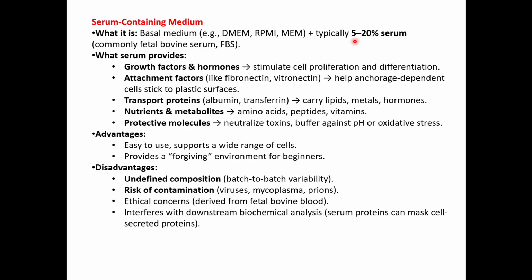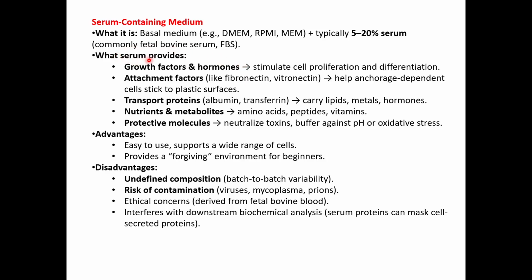And sometimes serum starvation is given to the cells to either, you know, stop their proliferation or to uptake certain elements which might not be efficiently taken up if there is serum present, because a few factors of the serum could interfere with certain drugs or certain hormones, etc. So at that time you can even starve your cells of serum for a short period of time, only during the treatment. So that can be done. So the percentage is based on your experiment, your growth, and the cell type.